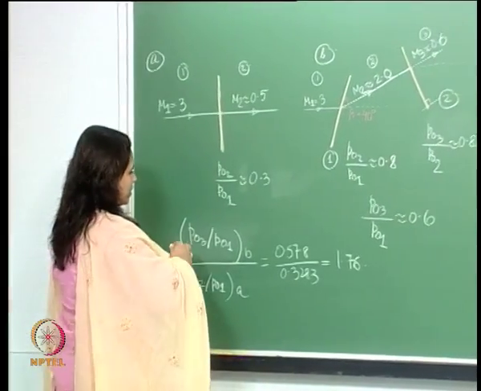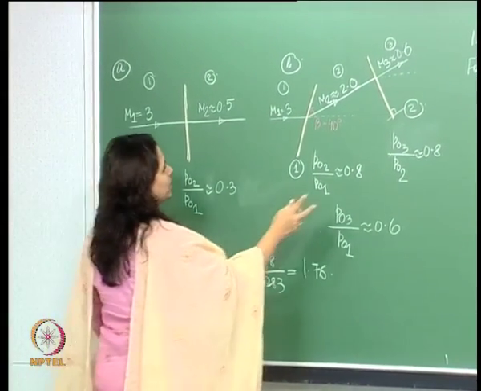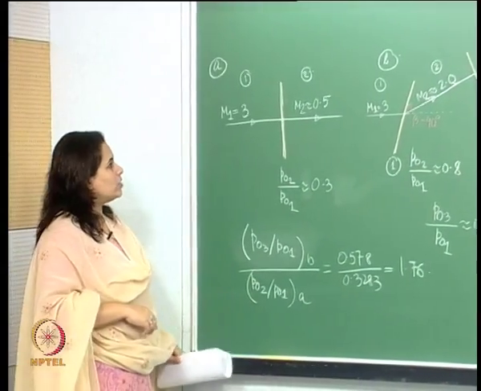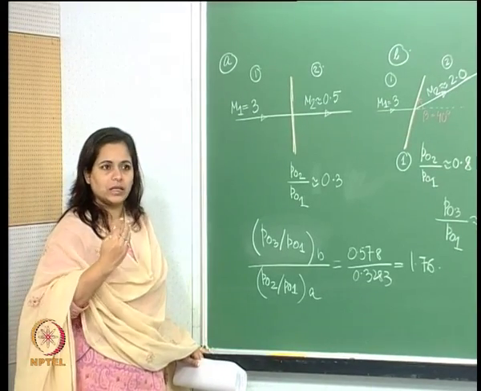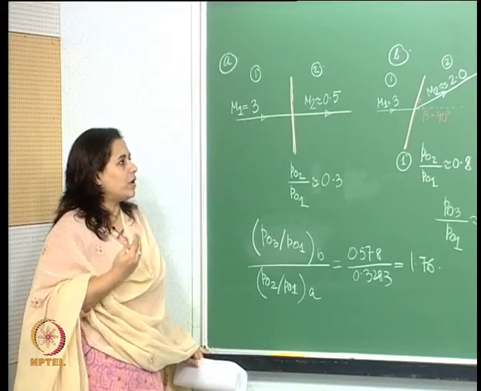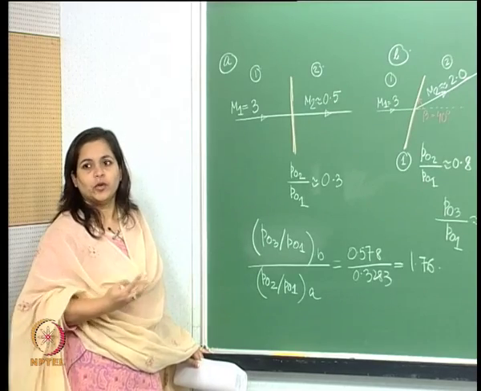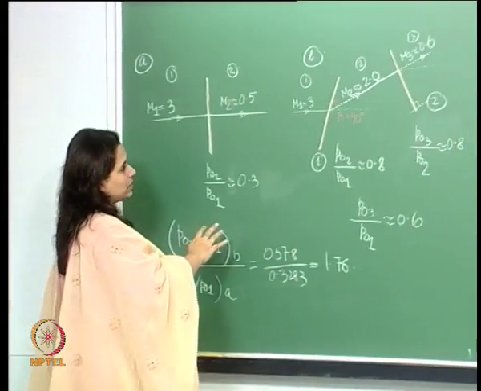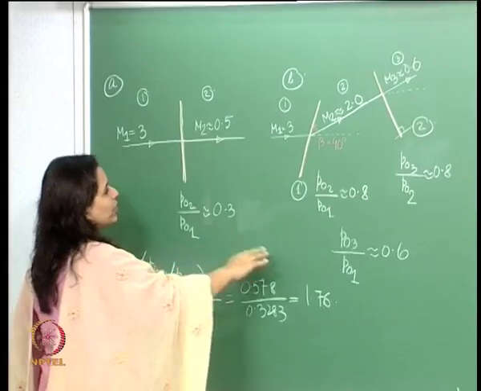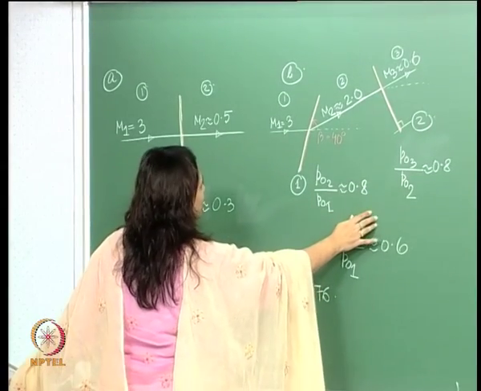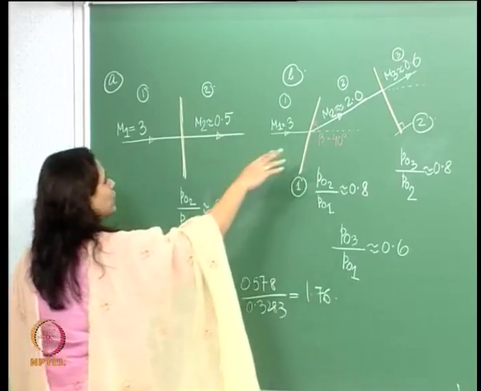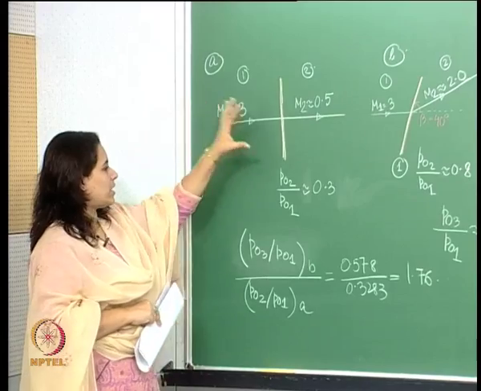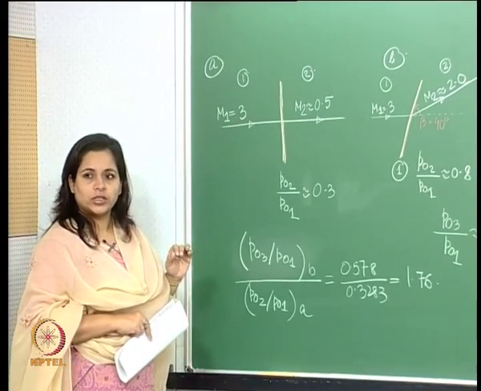And what we can see over here is that we are losing less pressure when it comes to this system of shocks, right. So the loss in total pressure gives us an idea about the efficiency of the fluid system that you have. So within this particular case, since we are losing less total pressure here, this system is more efficient than this single normal shock.